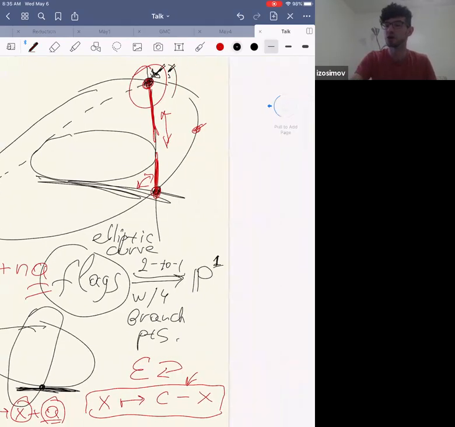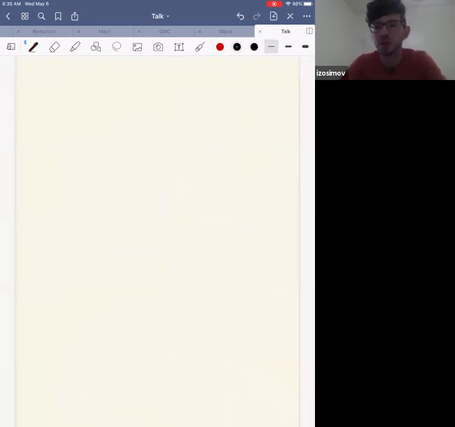Okay, so what we see from this construction, of course, it's a very well known proof, which is why I provided it. What I wanted to explain is that Poncelet polygons are closely related to elliptic curves.